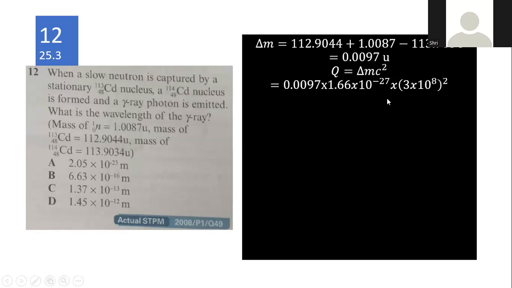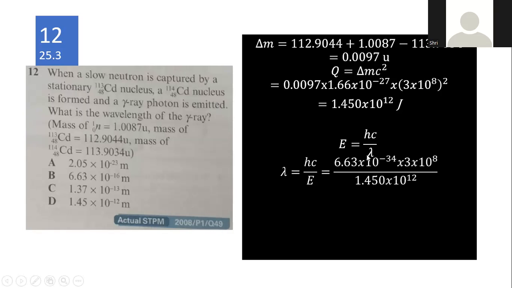Then times the speed of light. Calculate that in joule. And after that, use your equation, lambda, cross multiply. hc, that's your energy E, put it inside here. And you get your answer C. Okay, good.